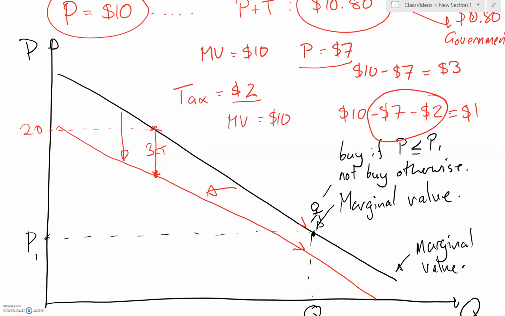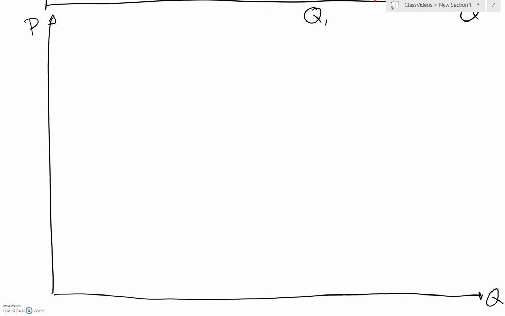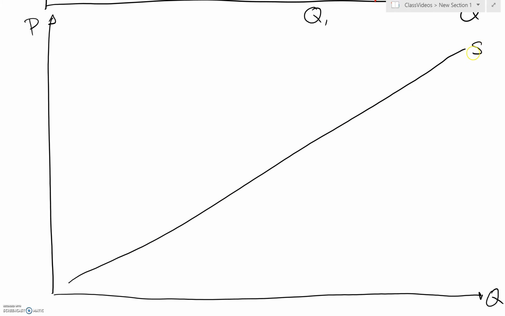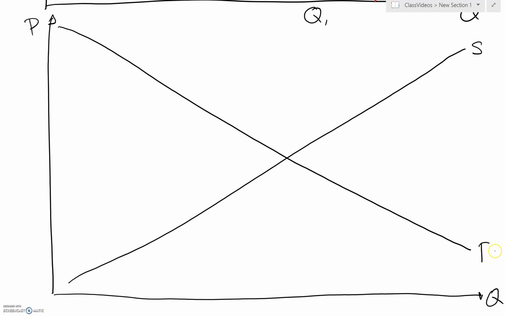Okay, so now we're going to take this new understanding of what happens when we tax the buyer's side of the market and put it into our supply and demand diagram. So here we are. Let's put in a supply curve and a demand curve.